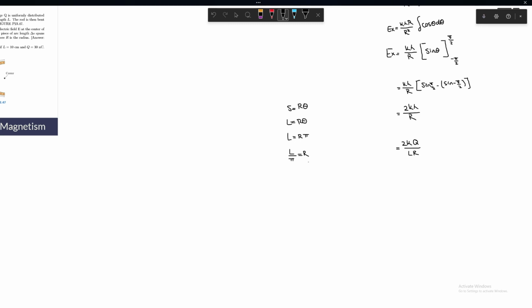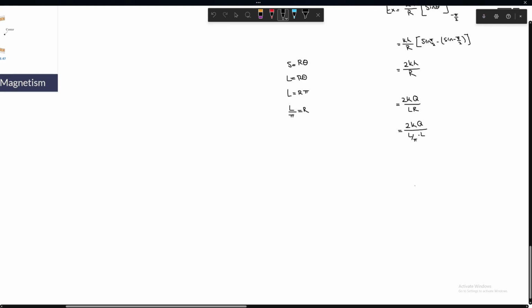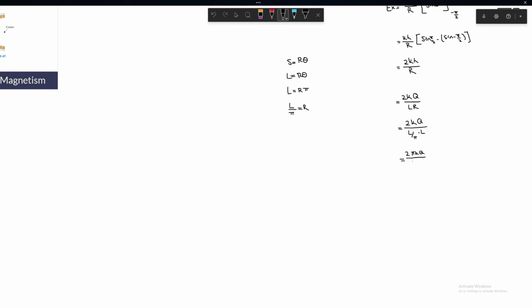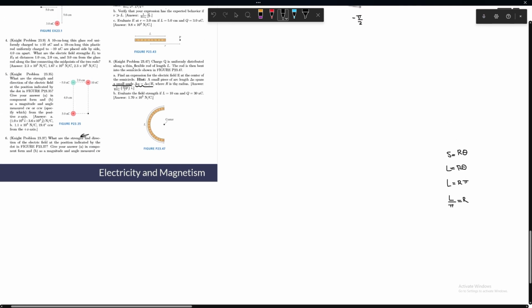And so what I'll get is l over pi equals r. And so, well, okay, then I can take this and replace it here. So I'll get 2k q all over l over pi times l. So that's the same thing. If I flip and multiply, I'll get 2 pi k q all over l squared. And what was their answer? 2 pi q over l squared.